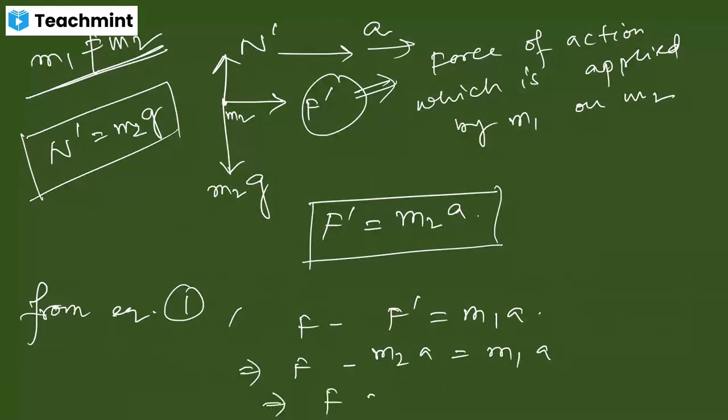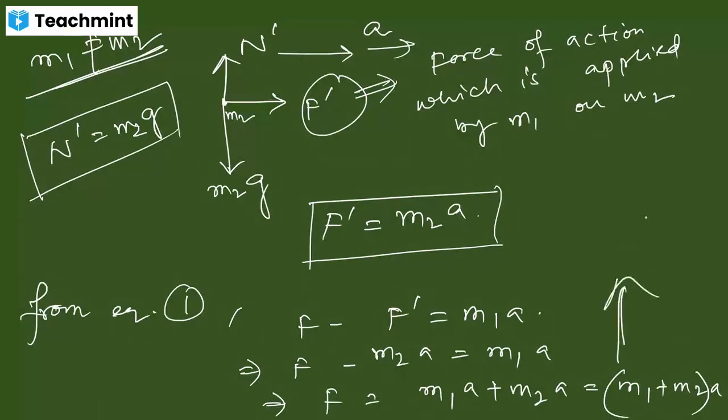So F is equals to m1 into a plus m2 into a. So finally we have m1 plus m2 multiplied by acceleration. From this equation we can get acceleration equals force applied divided by m1 plus m2. So in this way, we can find the value of acceleration.